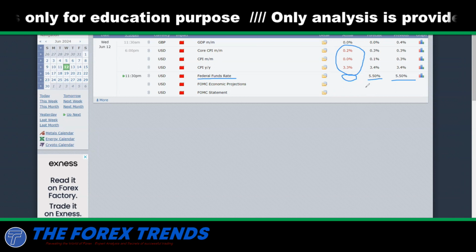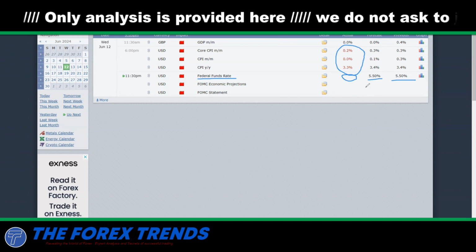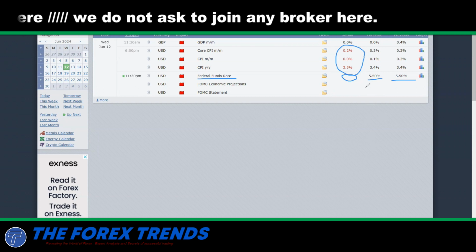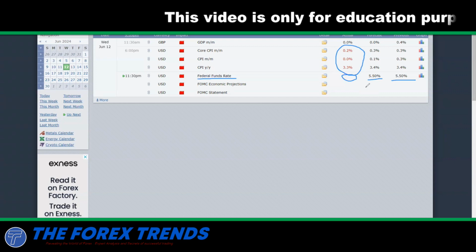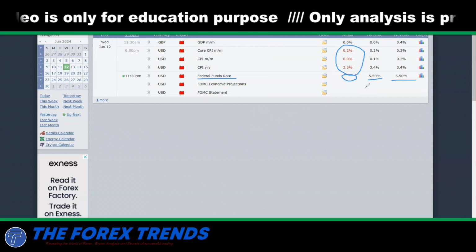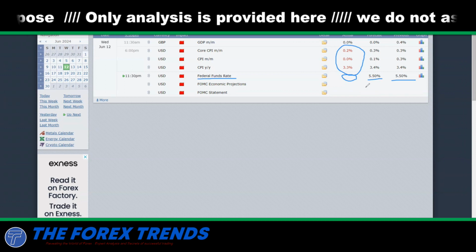As we already know, Europe and Canada have already made their first rate cuts, which means the rate cut session has begun. We got this news the week before last, that Europe and Canada have cut their rates.